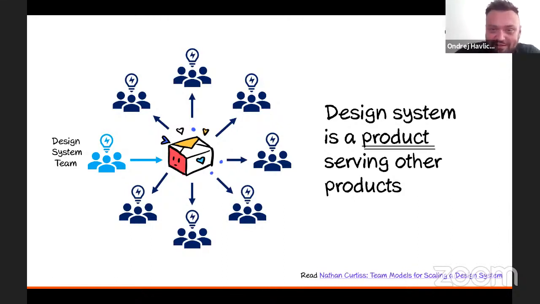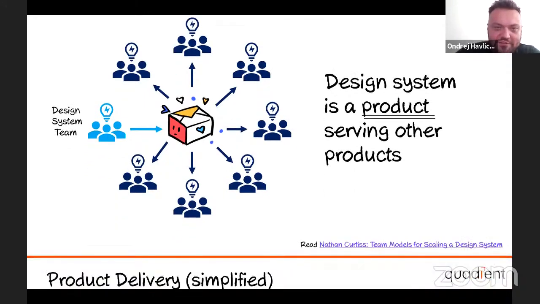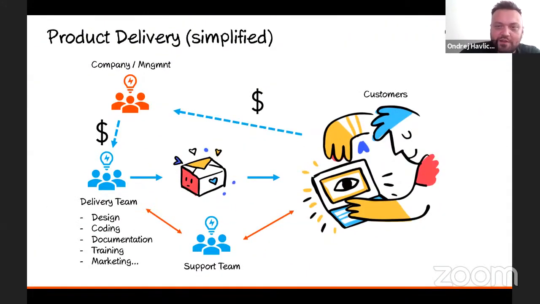Let me explain how we deliver a product. There's the product delivery team, in which multiple skills are involved: UX designers, UI designers, developers who write the code, technical writers. Because we create complex software, there's also training, marketing teams, support teams, and this is shipped to the customer.